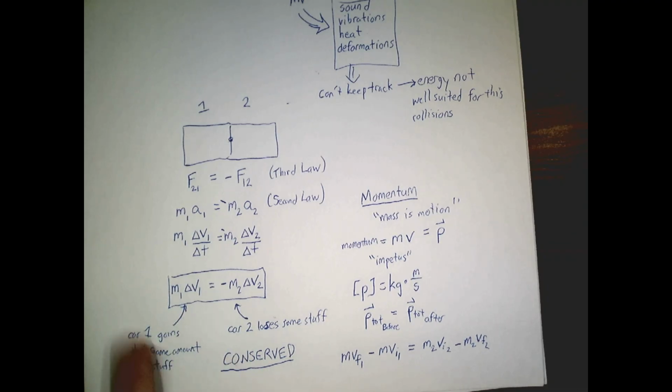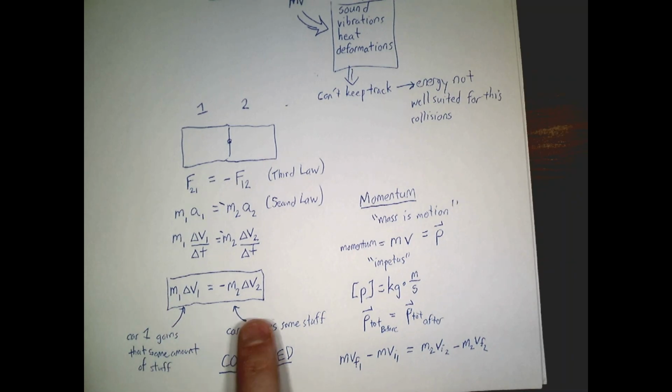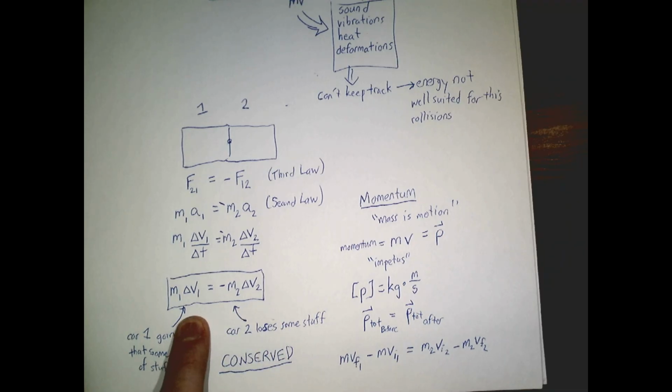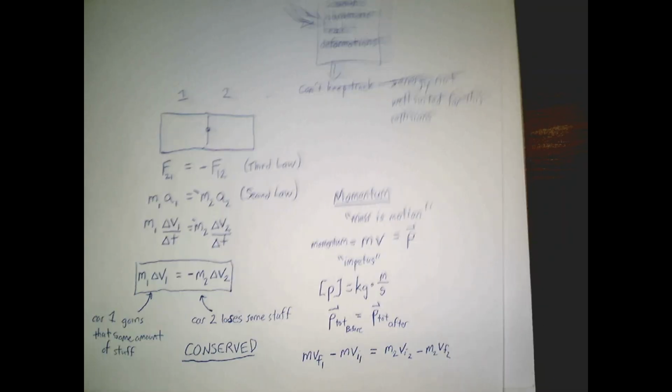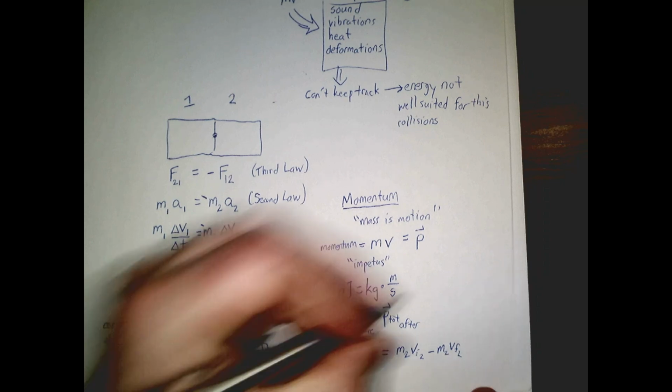What this equation is showing us is it's the change in momentum that is transferred. Object 1 gained some stuff, object 2 lost that same amount of stuff, and so all they're doing is trading it around. This change in momentum for the whole system should be 0, though each object individually did gain or lose momentum.